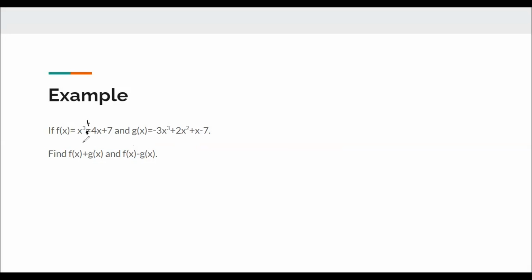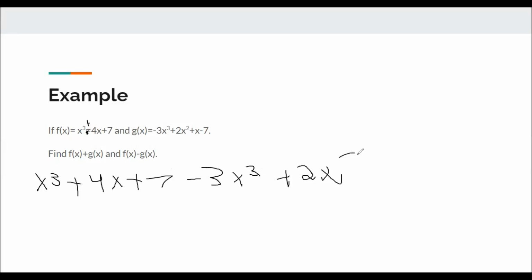We sum the two functions and you're going to get x cubed plus 4x plus 7 plus negative 3x cubed, so just minus 3x cubed, plus 2x squared, plus x minus 7.